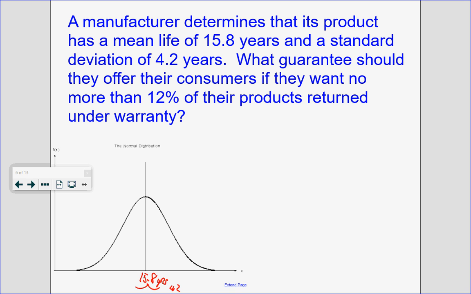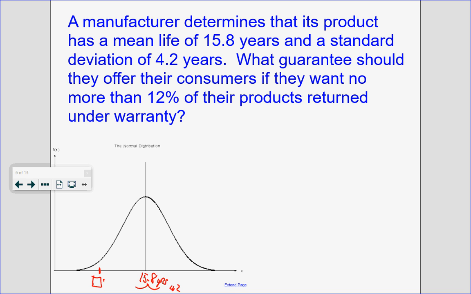What guarantee should they offer their consumers if they want no more than 12% returned? If the average lifespan is 15.8 years, what usual guarantee do you get? Usually you get a warranty for what? 1 year, 2 years, right? You get some number down here.